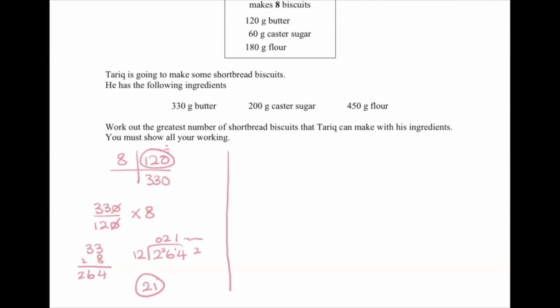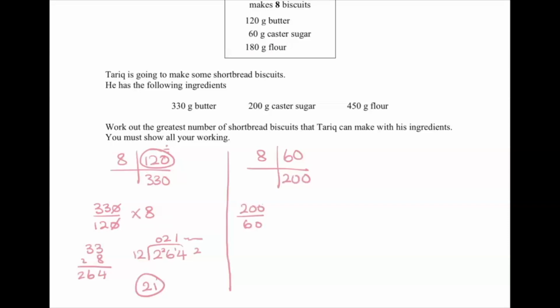And I'm going to repeat the process with the sugar. So the fact is that 8 biscuits can be made from 60, and I've got 200. I'm going to set my 200 divided by 60. Now, with this one, I can cancel through by 10, but I can also divide by 2 to get me an even simpler fraction.